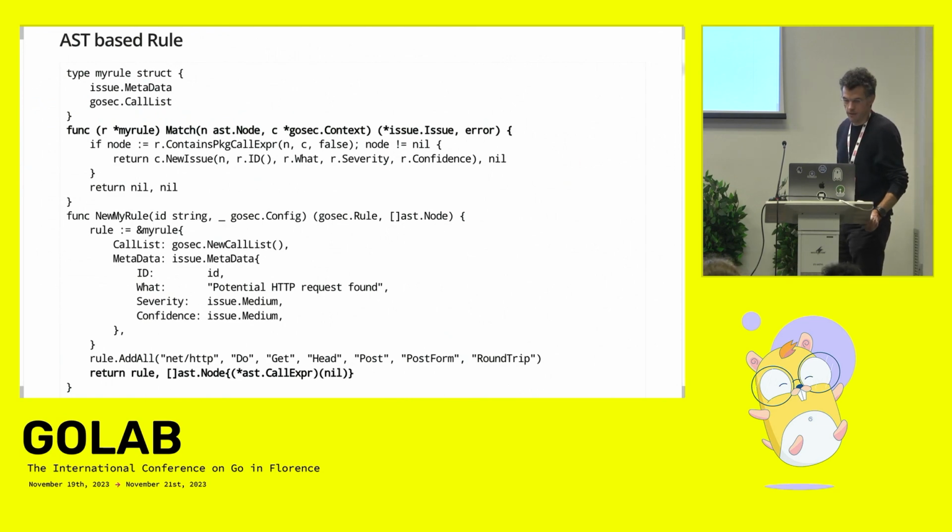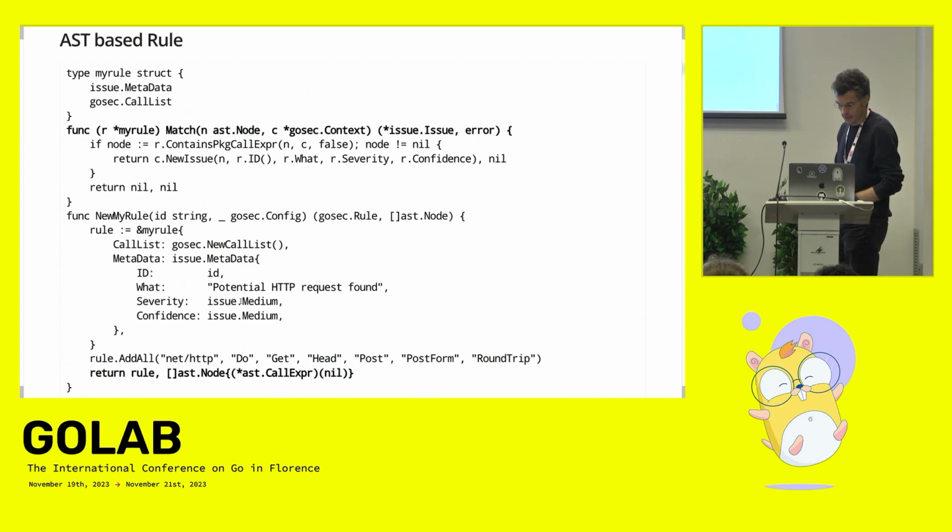So this is how an AST-based rule looks like. It's quite simple. You define the rule as a new type you see above, and then we construct this type, and based on the rule type, we have different logic. In this situation, we have this list of HTTP calls we want to match.